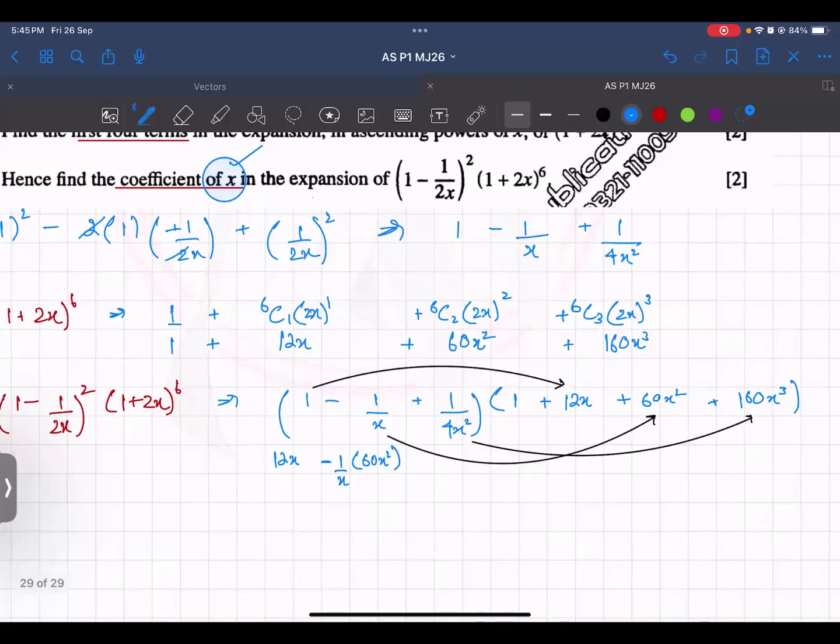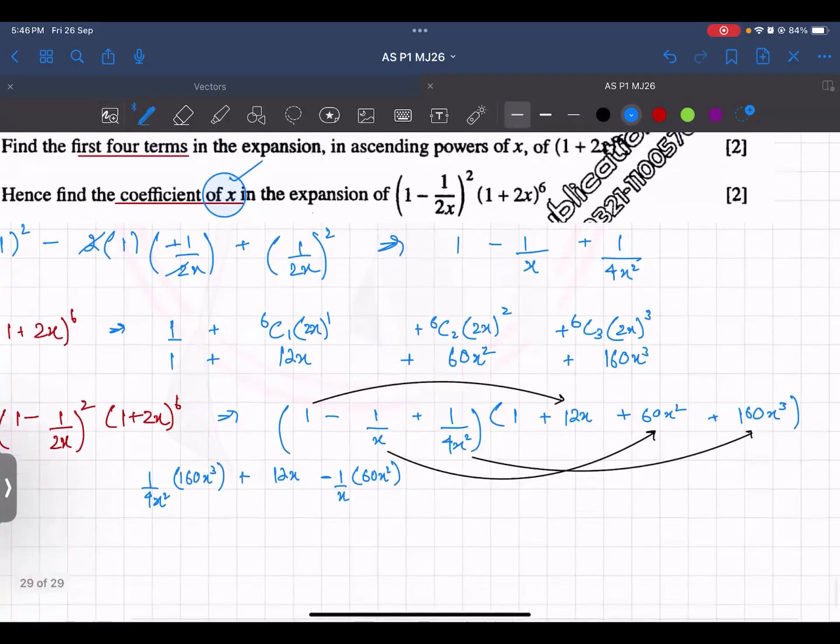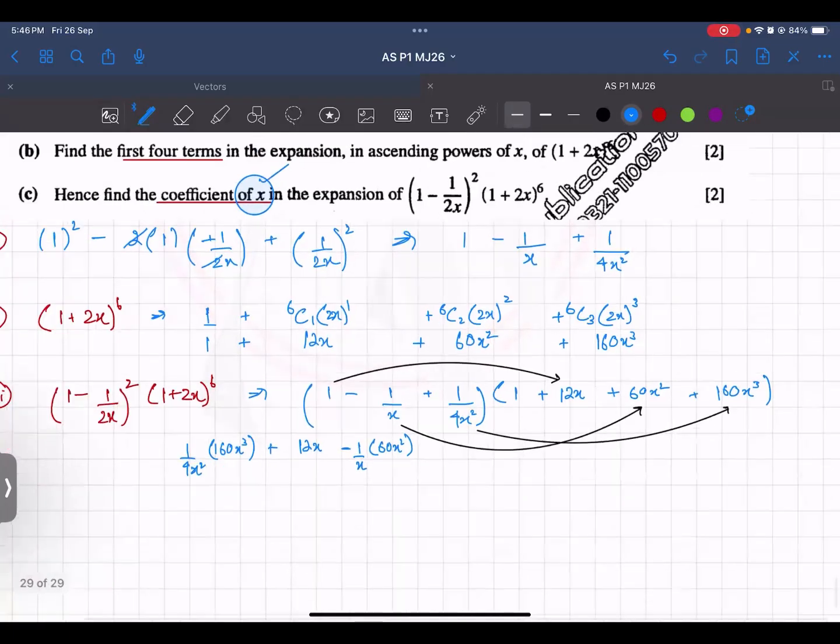And lastly, what more can we do? Yes, that's it. There's nothing more. All other multiplications will get you x power something else, not x power 1. We want only the coefficient of x power 1. So you selectively multiply. You did not multiply everything.